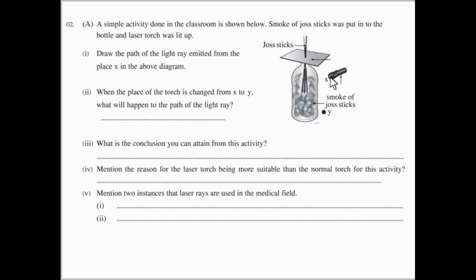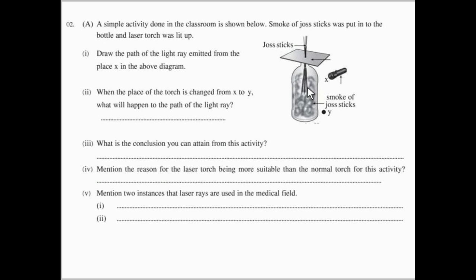X means this is direct, perpendicular. If you light it directly, it comes directly and does not turn anywhere. That should be in this direction. You can see the cursor, this direction.